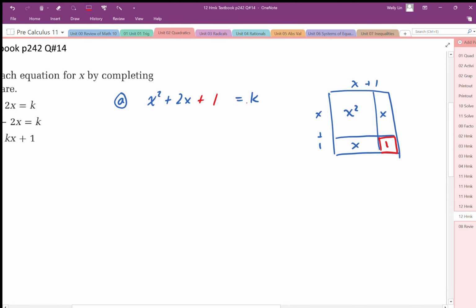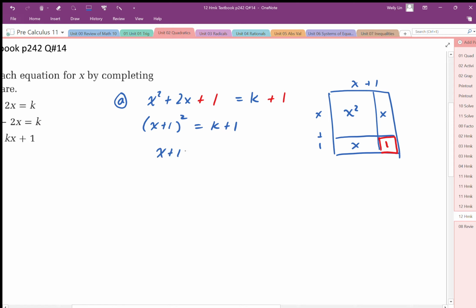Now when we're completing the square, we have to remember that that was not there to start with, so we need to then do a plus 1 on this side. Once we've completed the square, we're going to write it in its squared form, and then we're going to undo this square by square rooting.